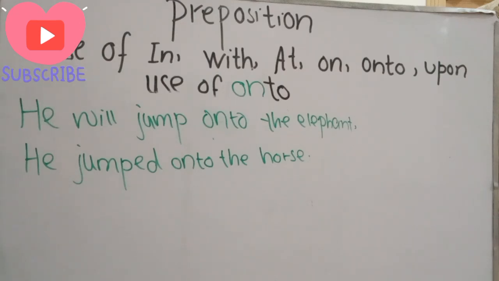What will we use? We will use onto. We will not say he jumped on the horse. He jumped onto the horse. He will jump onto the elephant. So we will use onto. Now I am going to tell you about the use of upon.